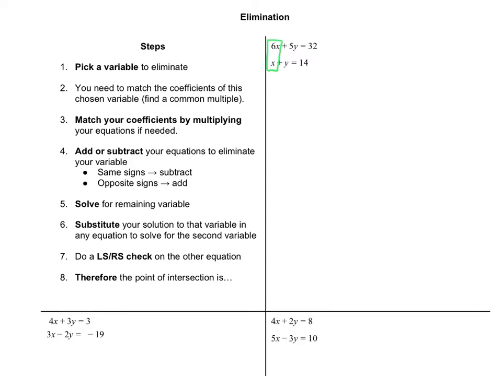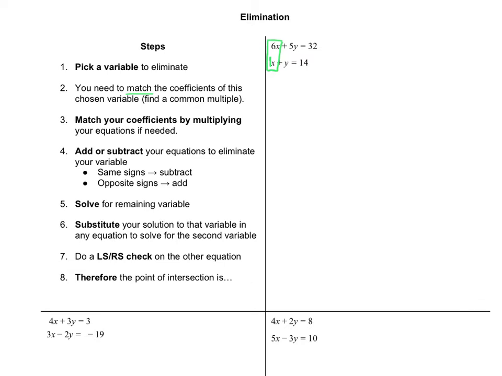Now, in order for you to eliminate a variable, you need to match the coefficients of the chosen variable. So they have to become the same number. So we have to pick a number that is common to both, a common multiple. So first of all, I'll put a 1 in front of the x. So I look at the 6 and I look at the 1, those two coefficients, and I try to find the lowest common multiple.